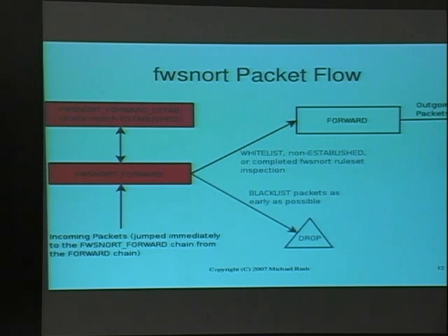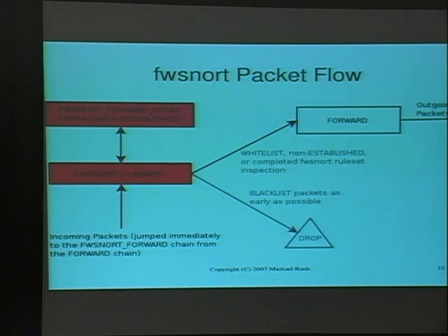So how does fwsnort interact with this? Well, in the forward chain, remember that this applies to packets that are to be forwarded through the system, so they never actually talk to a local socket. A packet comes in off an incoming interface. It is jumped immediately into the fwsnort forward chain, where three things then take place. First, whitelist comparisons are made.